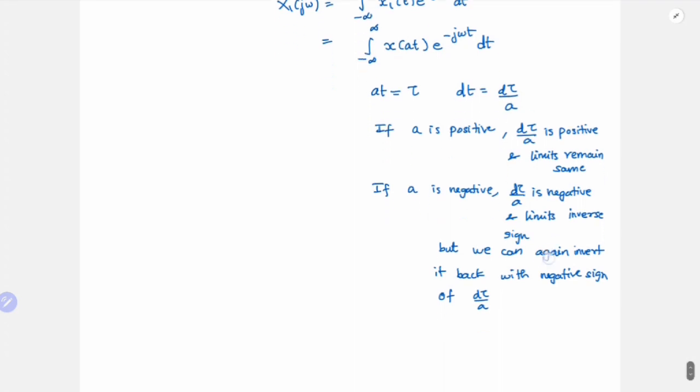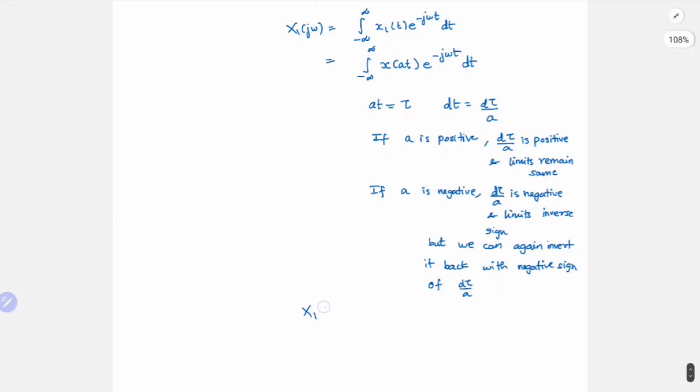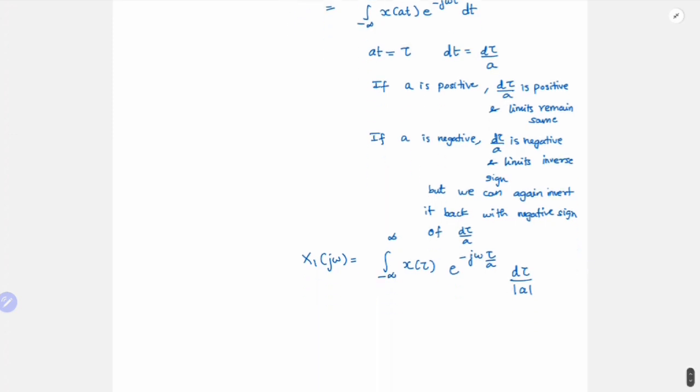And limits minus infinity to infinity. So I have x1 of j omega is nothing but integral minus infinity to infinity x of tau e power minus j omega, t becomes tau by a, d tau by mod a, right? And the limits remain same. So this way I can write it.